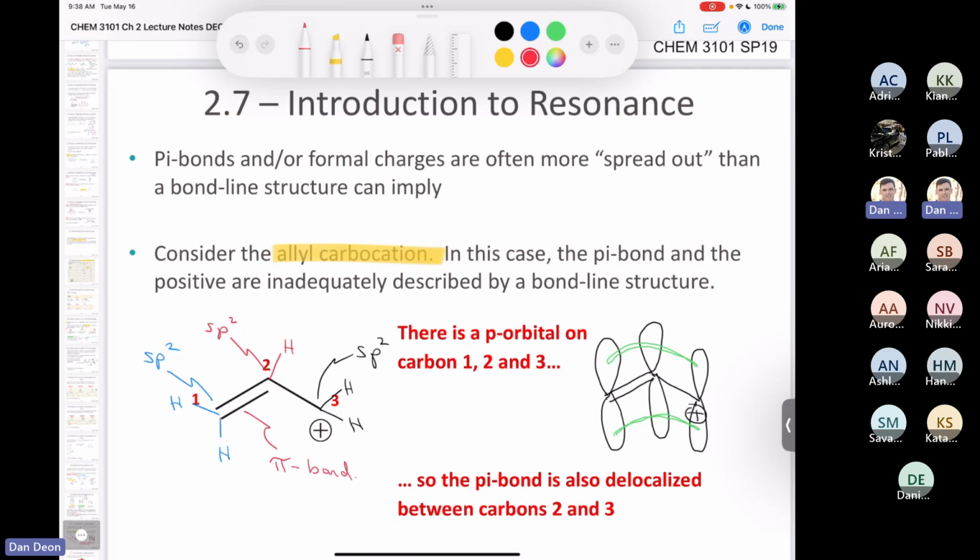those pi electrons can be delocalized, or not localized, between carbons 1 and 2. Since they have all 3 of those p orbitals available to them, they can actually be delocalized over the entire allyl carbocation. And so again, the structure that we have shown here is not a complete representation of the allyl carbocation.